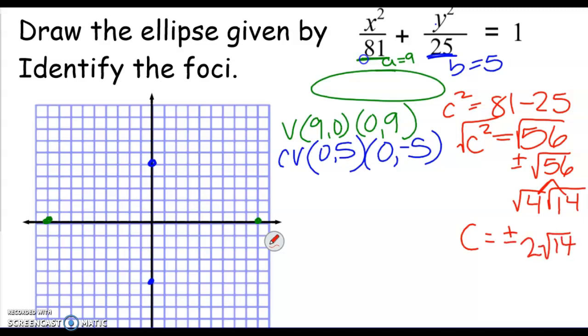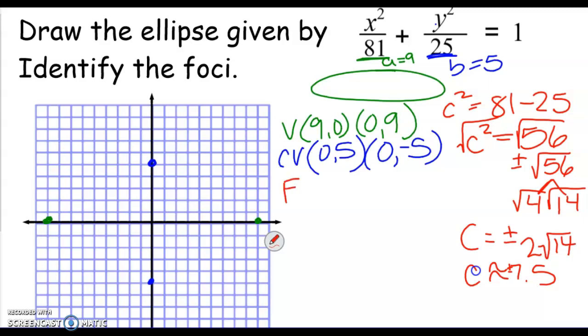And if you're like, 2 root 14, how is that even helpful? Well, then I just grab my handy dandy calculator and I see what that is decimal wise because I'm graphing it. So c is about 7.5-ish, plus or minus. And so then I have to decide, is that up and down or side to side?